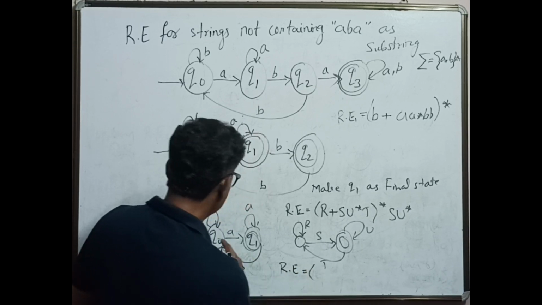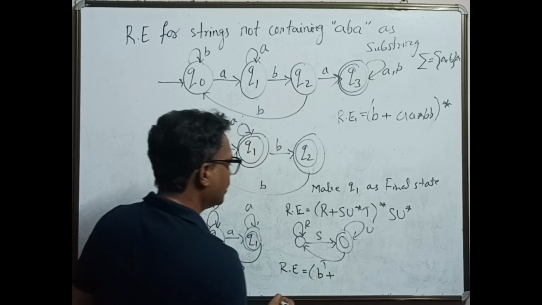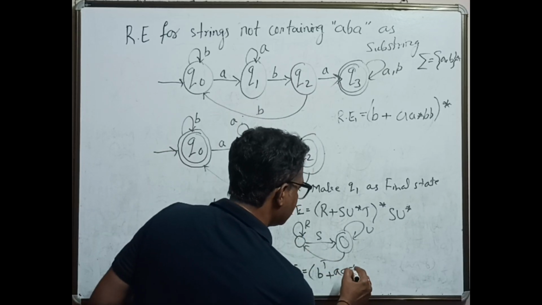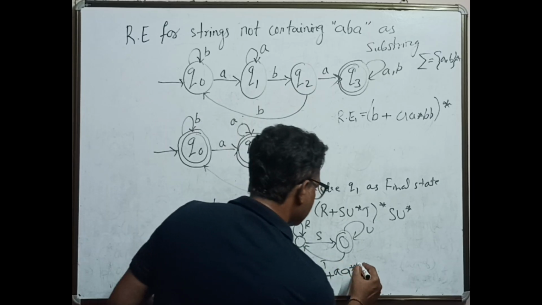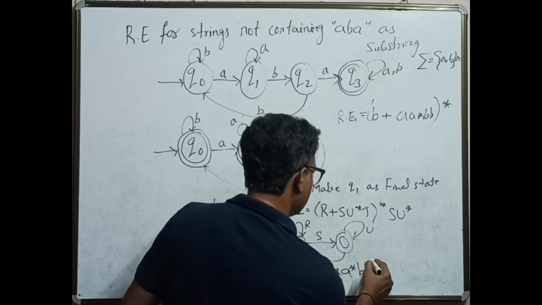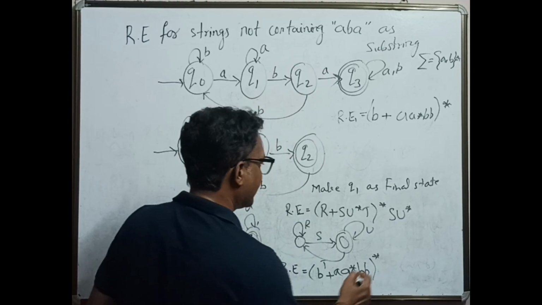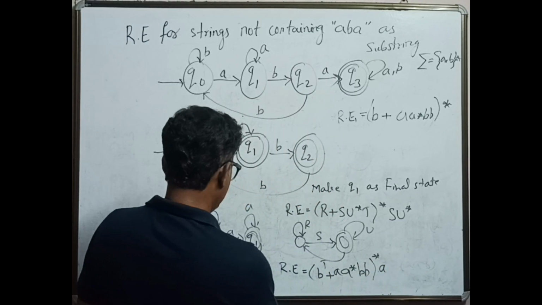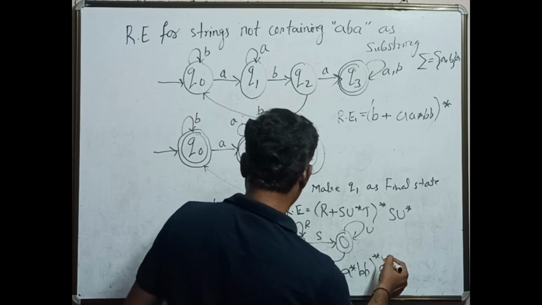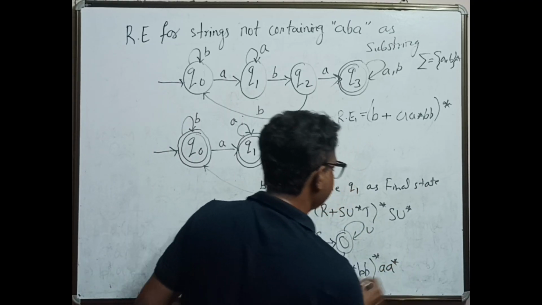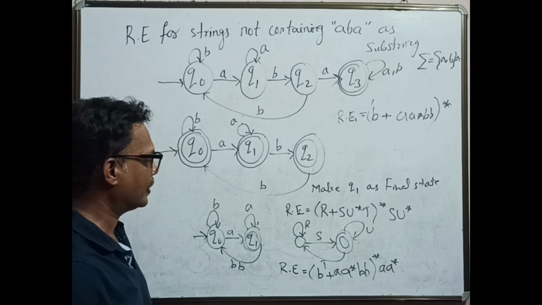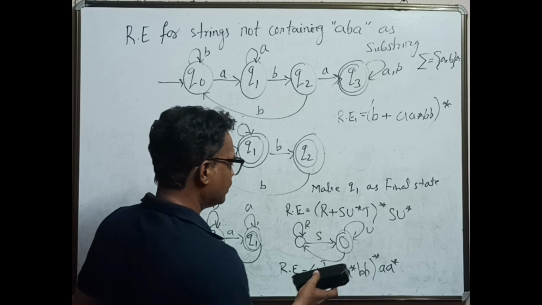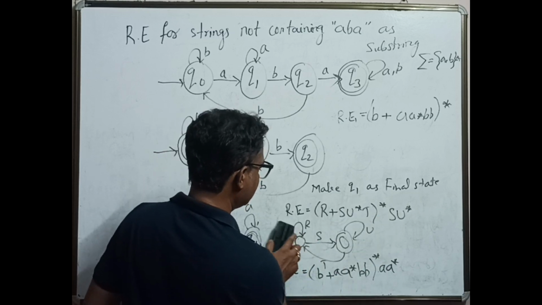Now represent this over there, that becomes, I'll write it here only. RE is equal to, what is R? B plus what is S? A. What is U? A star. What is T? BB whole star. Next, what is S? Once again A. And what is U star? U star, that is A star. Now we got our regular expression.